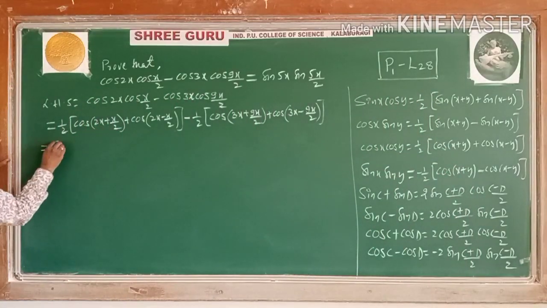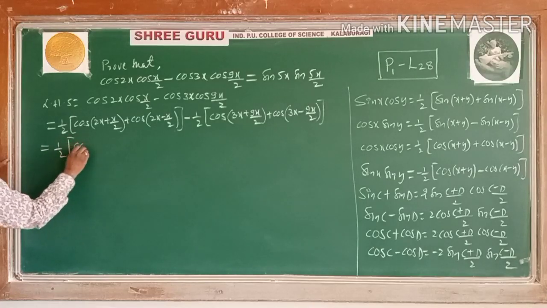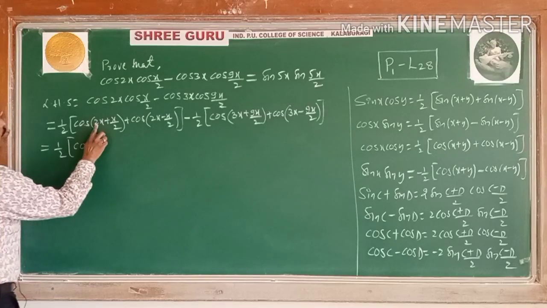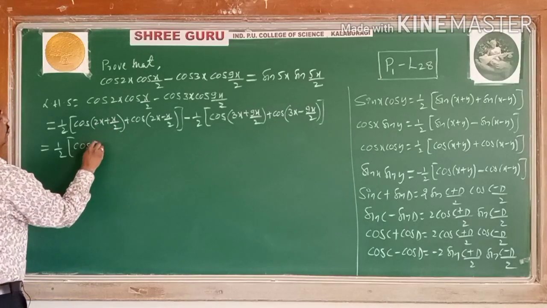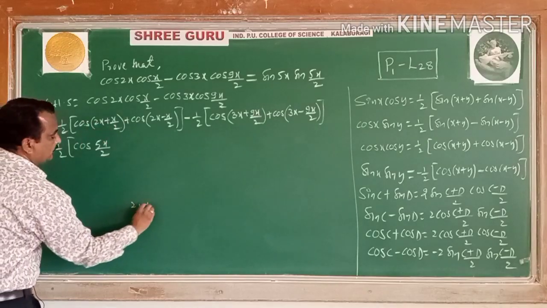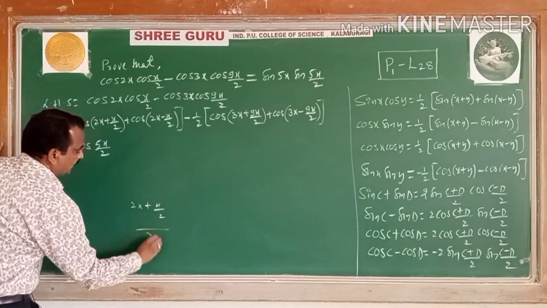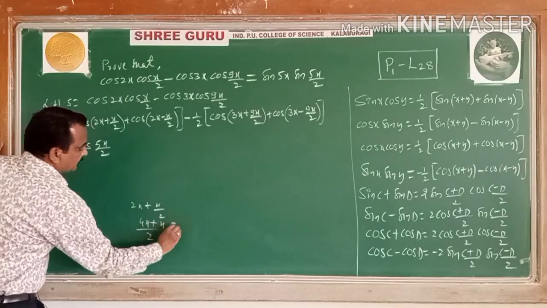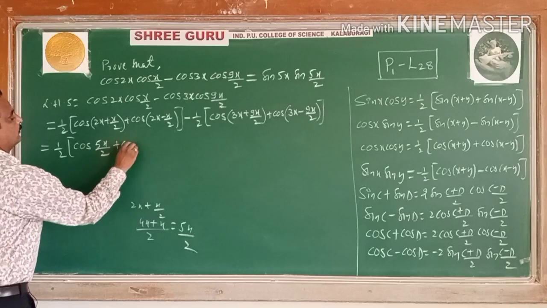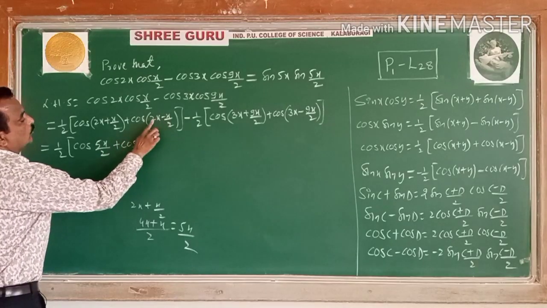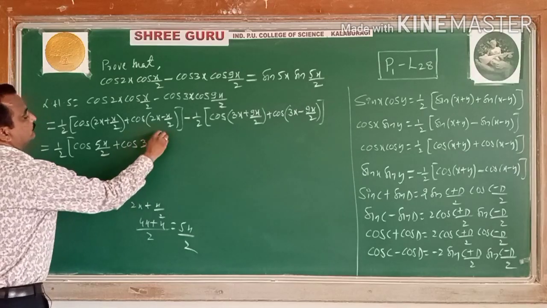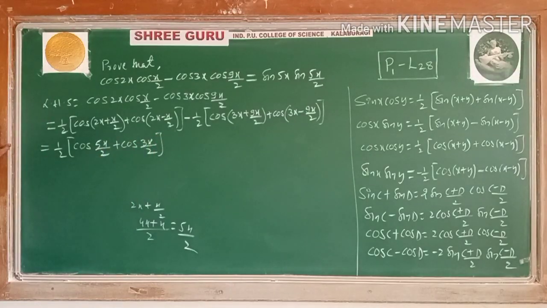Simplification. 1 by 2 into, see students here, the LCM is 2: 2x plus x by 2, 4x plus x, it is 5x by 2. Plus cos of (2x minus x by 2), 4x minus x, 3x by 2.